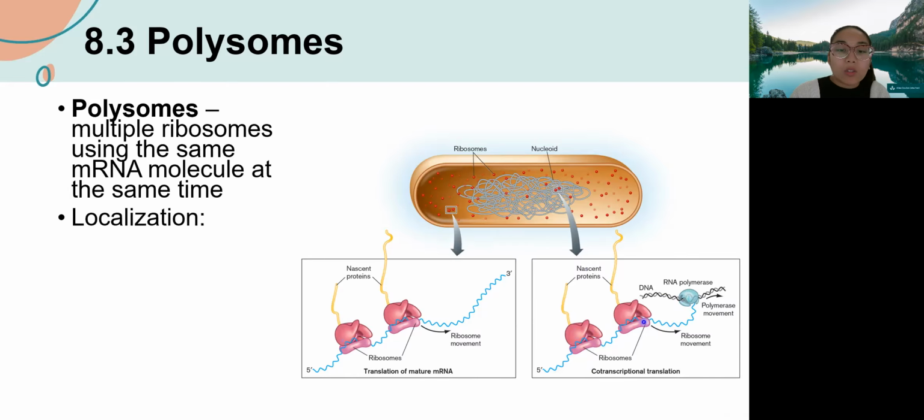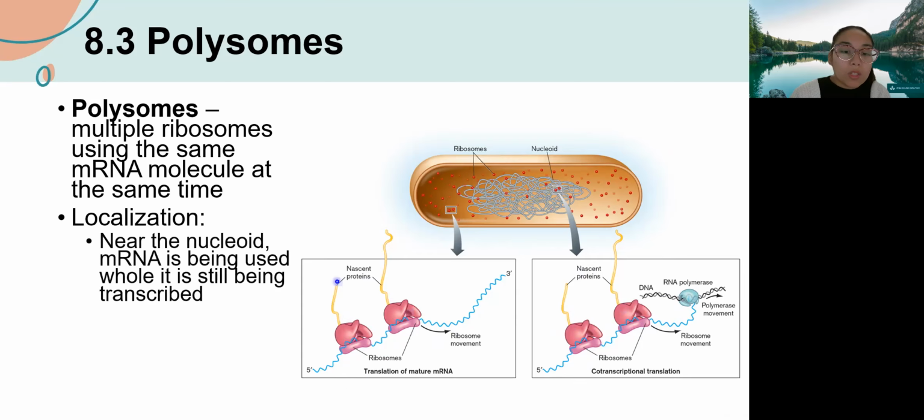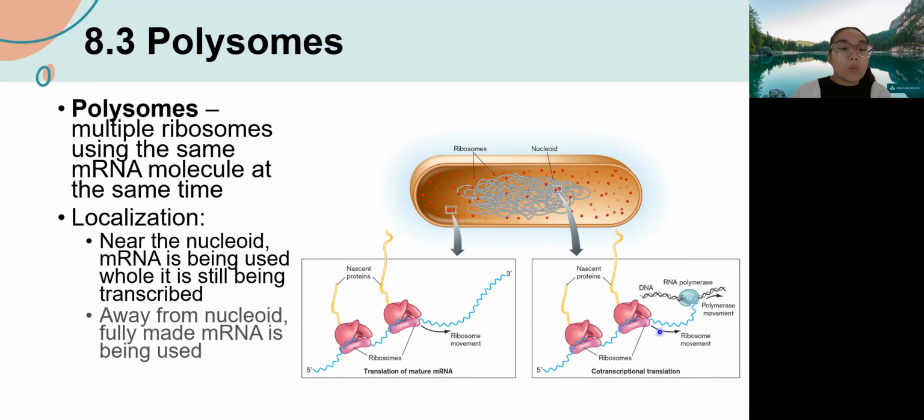Anyway, and so these 2 events happen at different locations. So if we're near the nucleoid region where the DNA is, then this situation can happen where the ribosomes are already using the mRNA before the mRNA has been fully completed. Whereas if you're away from the nucleoid region, for example, at the ends of the bacteria, then you'll typically see this, where you have ribosomes using the mRNA that's already been fully made.